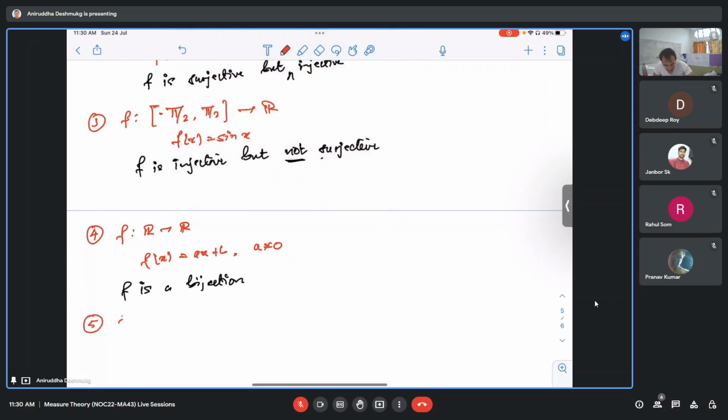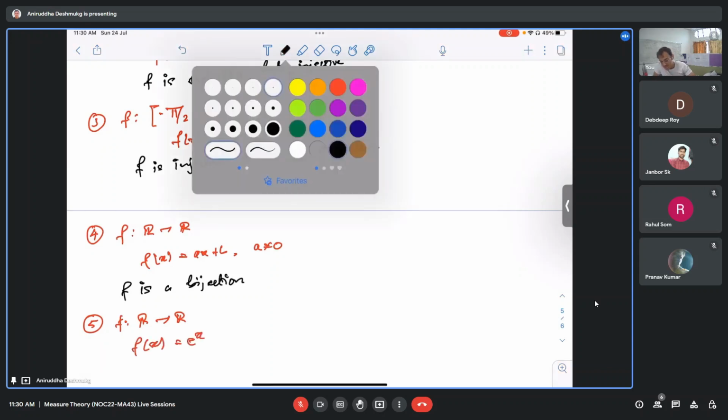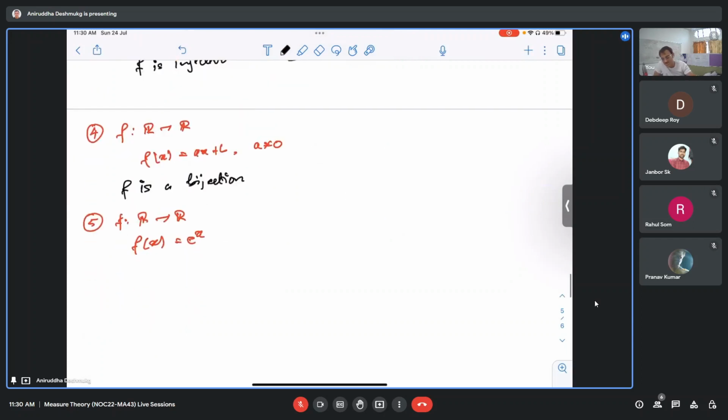The last example, or perhaps the last example in this discussion, let us look at e to the power x. So this is a classic example which is injective but not surjective, because now f is always positive, which would mean that f is not surjective. In particular, 0 does not have a pre-image.